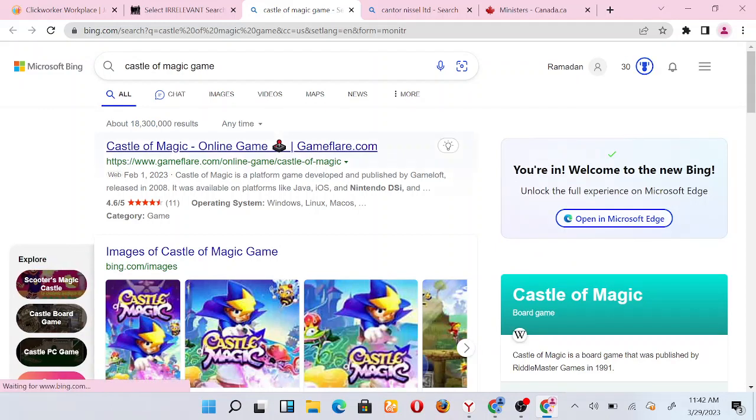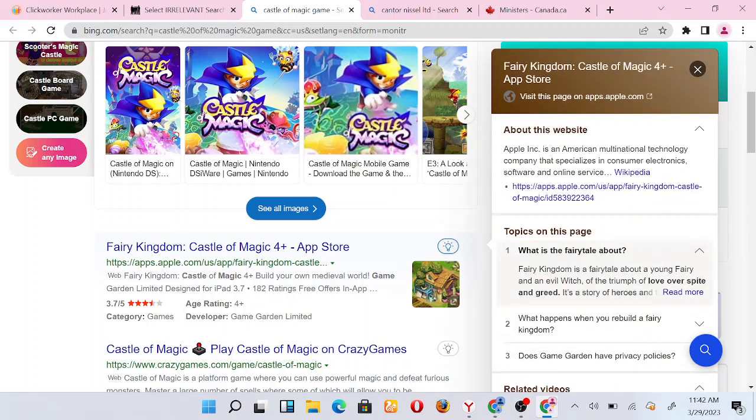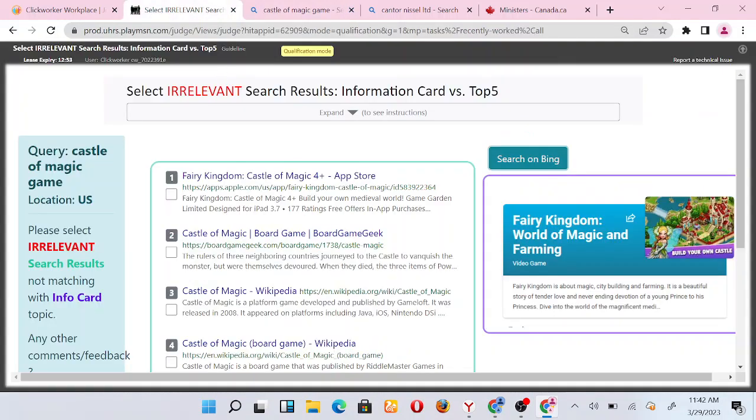What do we have here? Castle Magic online games, but they are looking for the one Fairy Kingdom. So that kingdom is very important. This Fairy Kingdom, they are all castle. Fairy Kingdom Castle Magic.